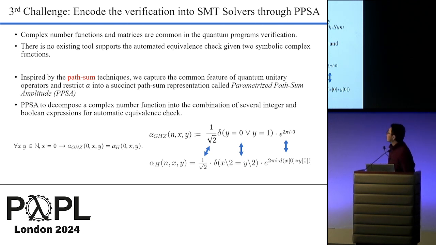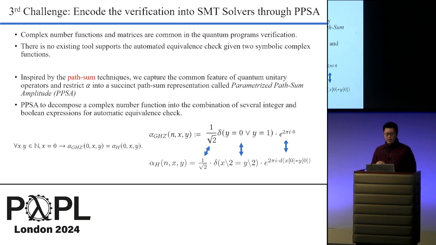For example, during the verification of candidate GHZ programs, the QSynth verifier needs to verify this expression under some condition. This expression says that when the input state x is 0, it tries to verify that for any input y, these two complex number functions, alpha GHZ and alpha h, are equal. And here is the expression of these two complex number functions.